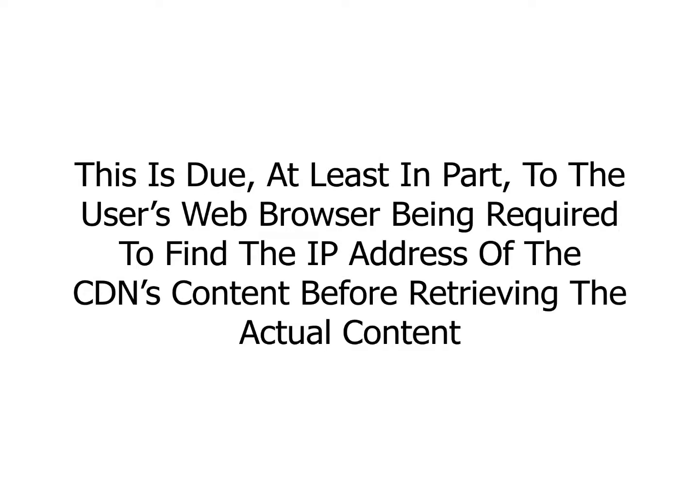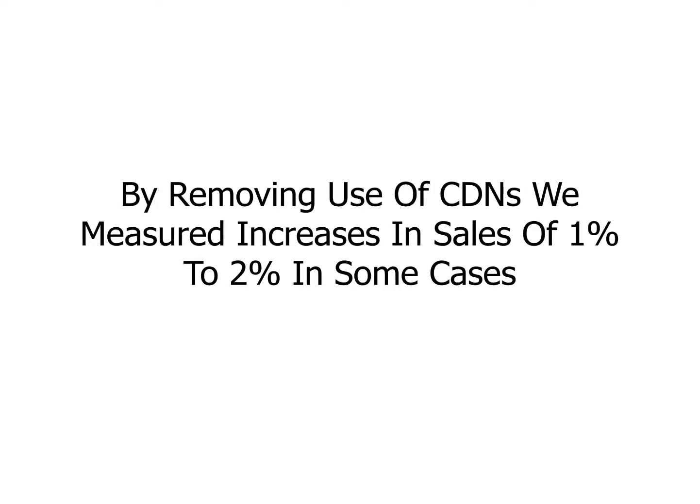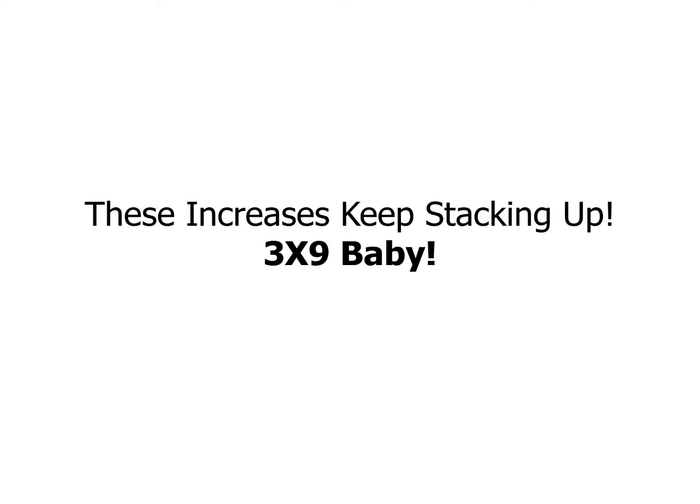Now, this is due, at least in part, to the user's web browser being required to find the IP address of the CDN's content before it retrieves the actual content. There's a lookup that actually has to happen there. And when you host the content on your own server and domain, this additional IP address lookup is not required. So by removing the use of CDNs, we've measured increases in sales of 1 to 2% in some cases.